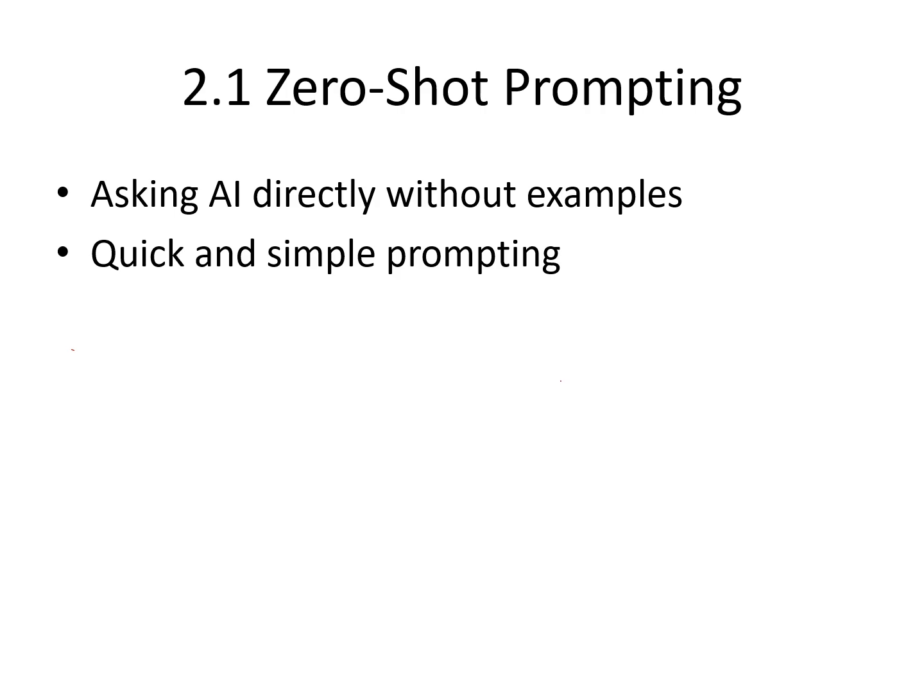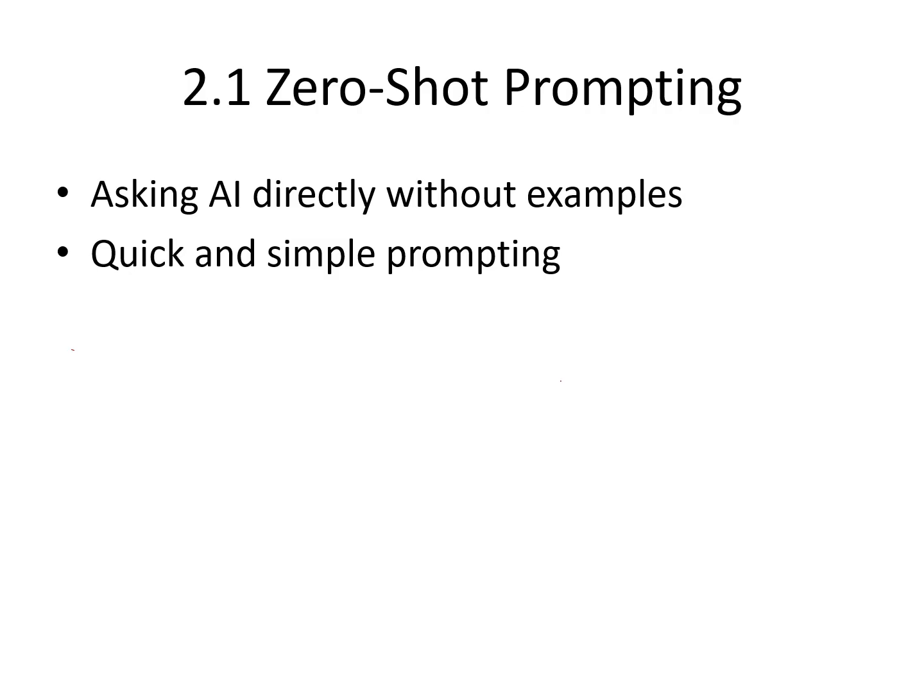So first is zero shot prompting: asking AI directly without providing any examples. It is very quick and simple prompting. Basically, it means you are directly asking the machine about something. You are not giving any example, any background or any other requirement.